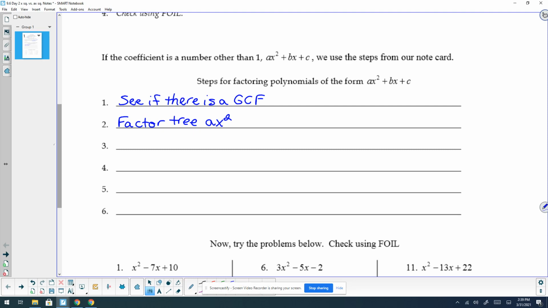Step 3 then is to make a factor tree for our c term, the last number in our problem.